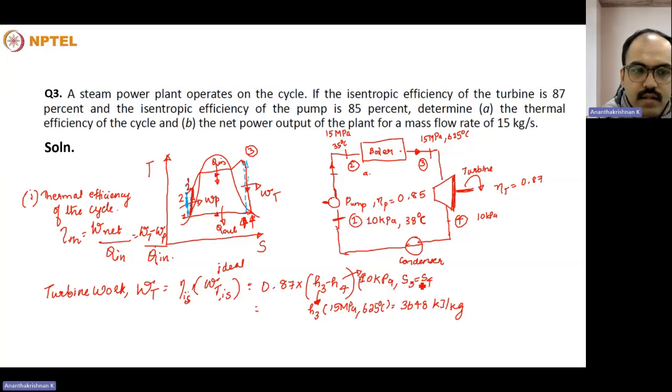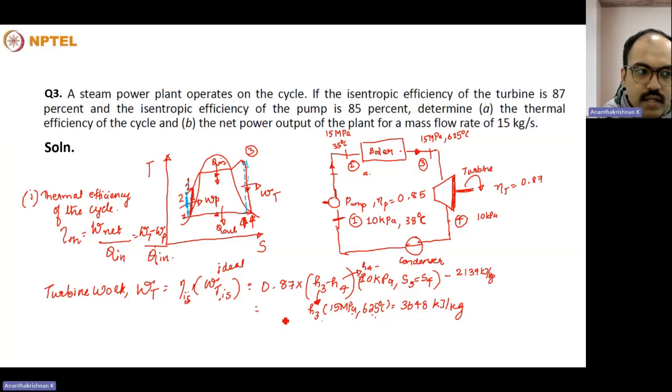We calculate the entropy at the state point 15 megapascal and 625, and this will be the same as that of S4. Therefore, for these two conditions, we calculate the value of the enthalpy H4. So H4 will be equal to, from the steam table, 2139 kilojoule per kilogram.